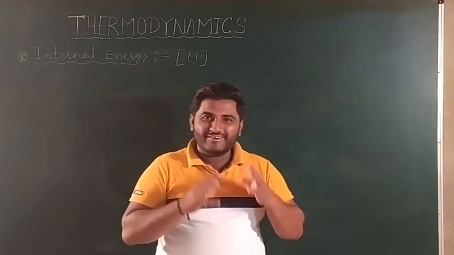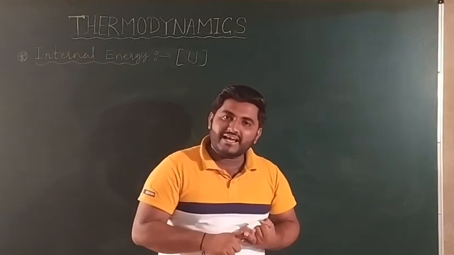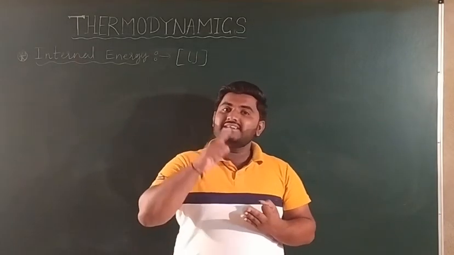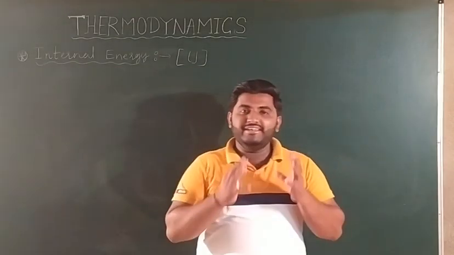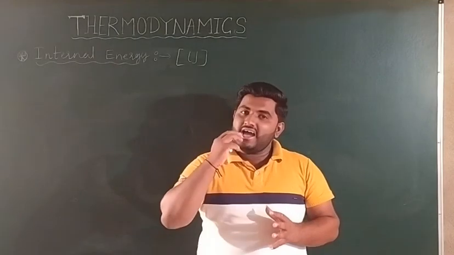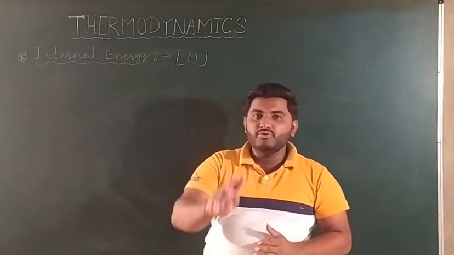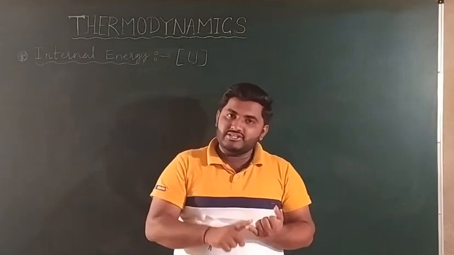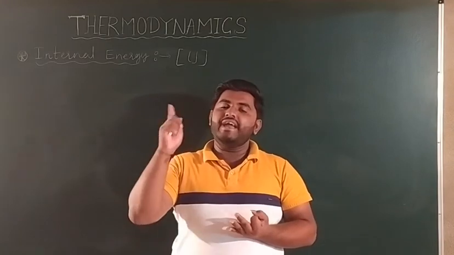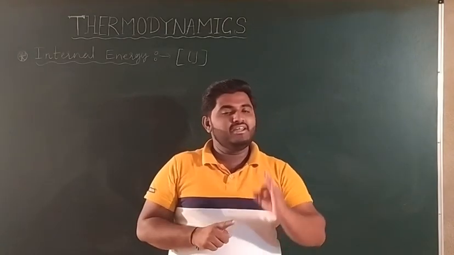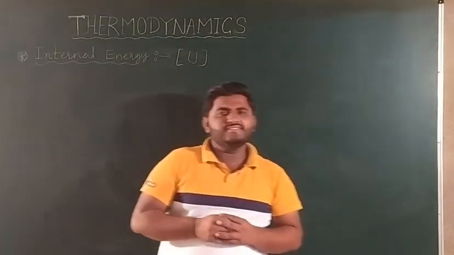What is N, Cc, Ts? N is nature, Cc means chemical composition, Ts means thermodynamical state. So internal energy is the total energy possessed by the system due to its nature, its chemical composition, and its thermodynamical state.